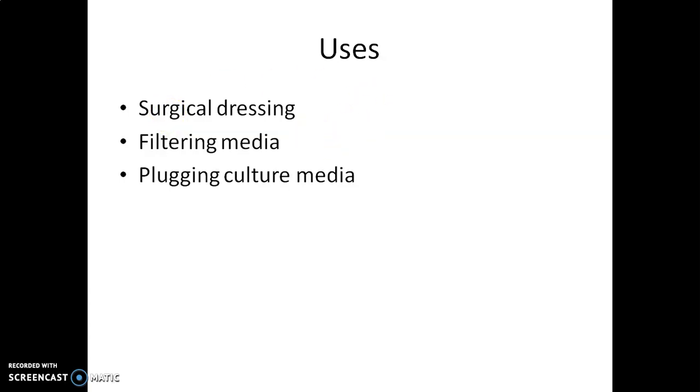It is also a well-known filtering medium for liquids, and cotton is also used for plugging bacteriological and tissue culture media or other chemicals in conical flasks. Cotton is also used to prepare diapers and sanitary pads. So these are the important uses of cotton.